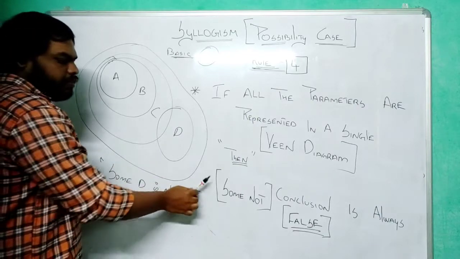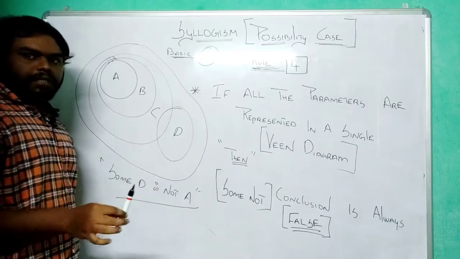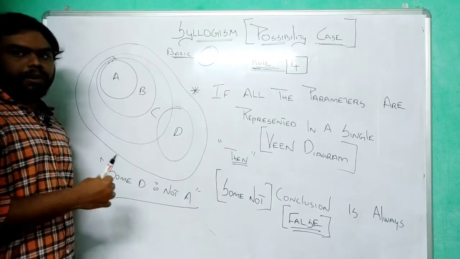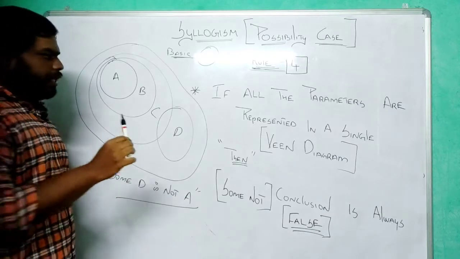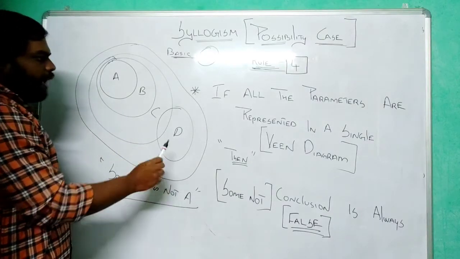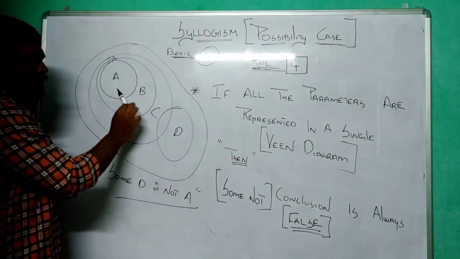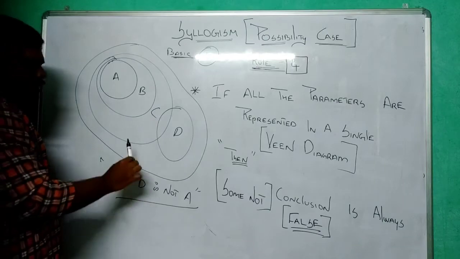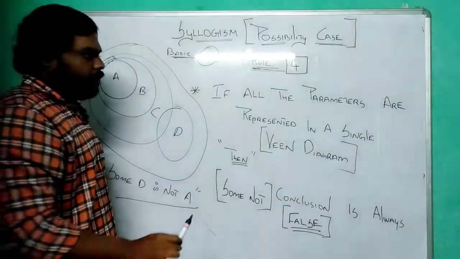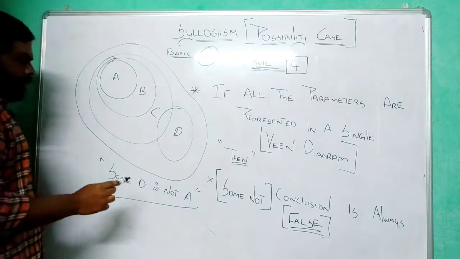I have derived this formula, this rule, from that. It is 100% true. You can check across any of the syllogism problems that you come across. If you see some D is not A, and if you also find that all the parameters are sitting inside a single Venn diagram, then the some not conclusion is 100% false in all the cases, right? Can you understand?